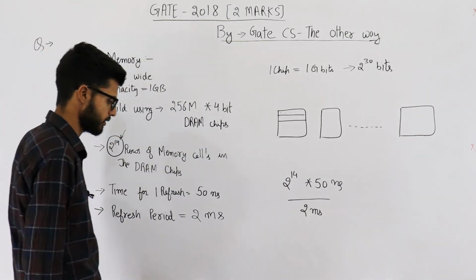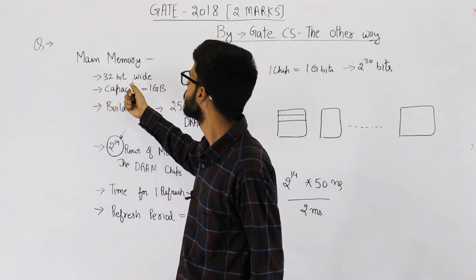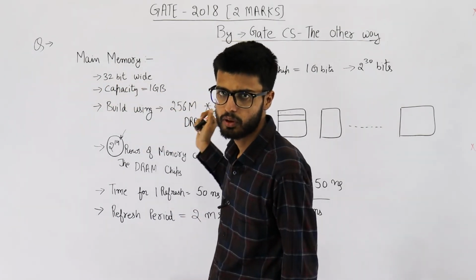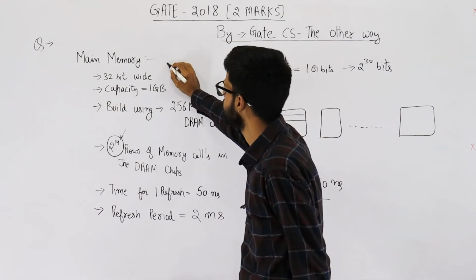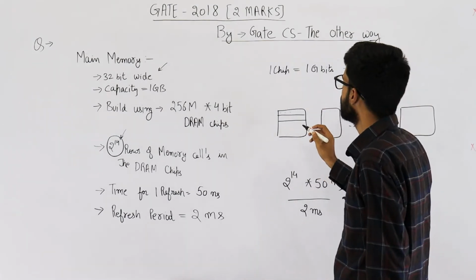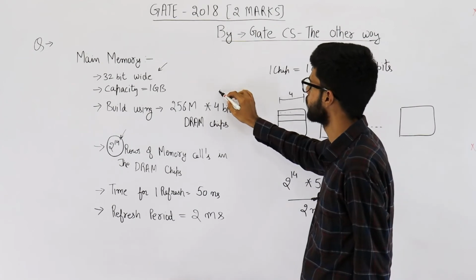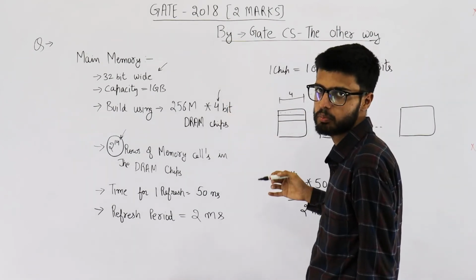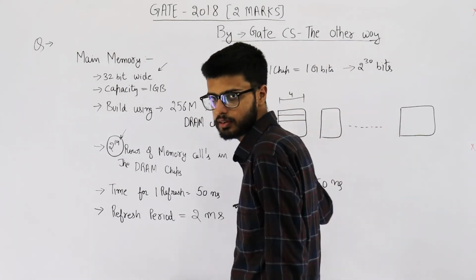Okay, actually they've given that main memory is 32 bits wide. This is not required for finding out the answer. Still I'm discussing it. Here it's clear that one DRAM chip is 4 bits wide, and you have 8 such chips.